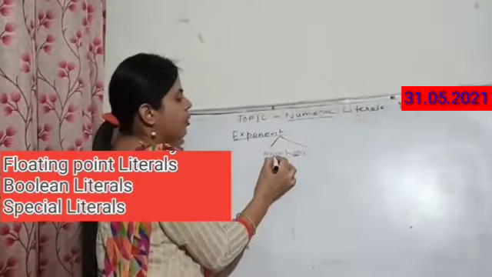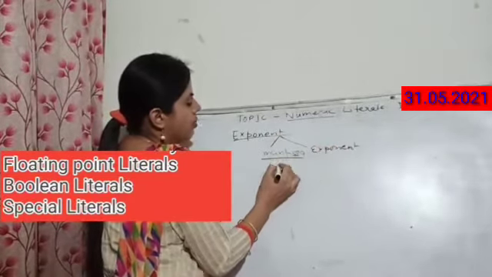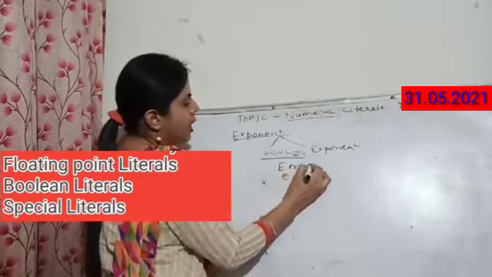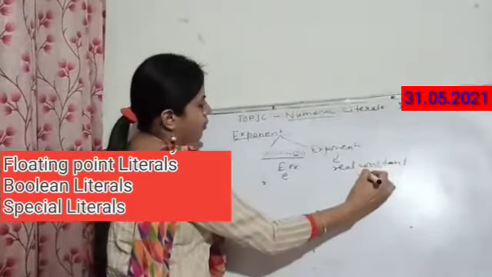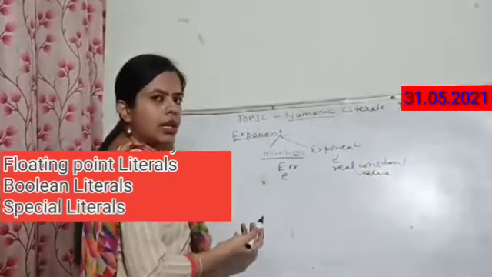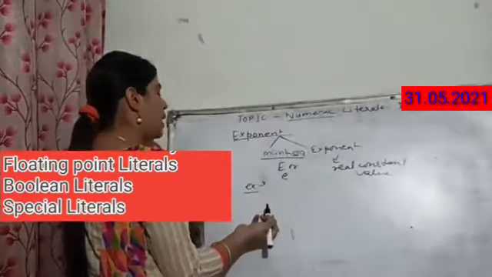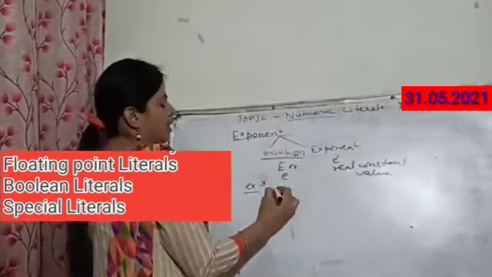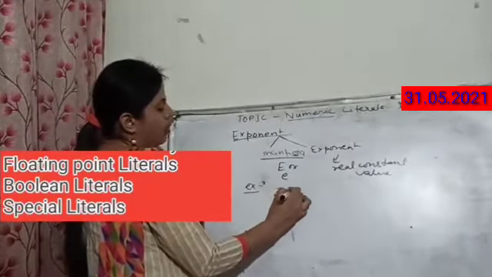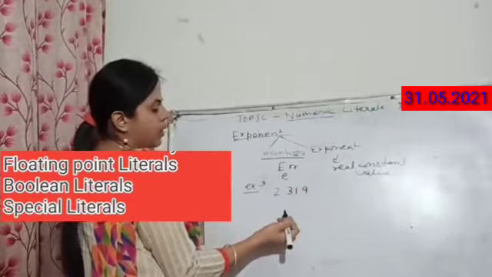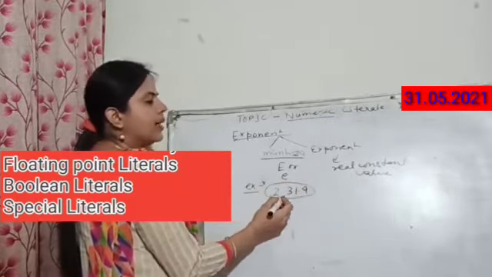Exponent form is further divided into mantissa and exponent. The mantissa is a number which is followed by capital E or small e, and the exponent is the real constant value. How can it be written? Let us see. Suppose I have the number 2.319, and we have to write its exponent form.